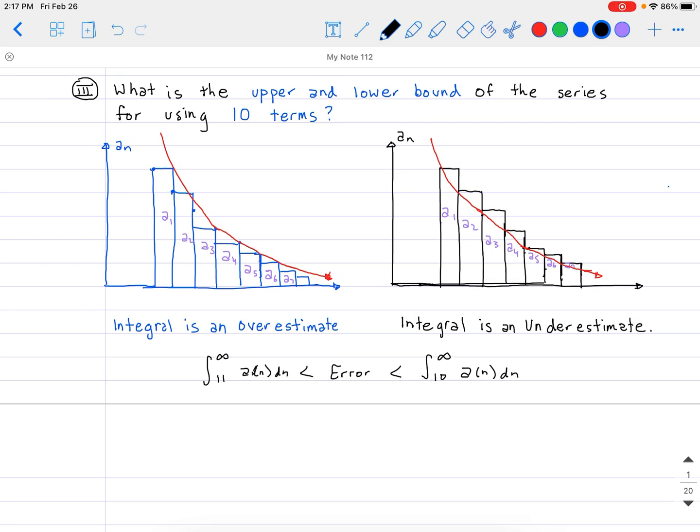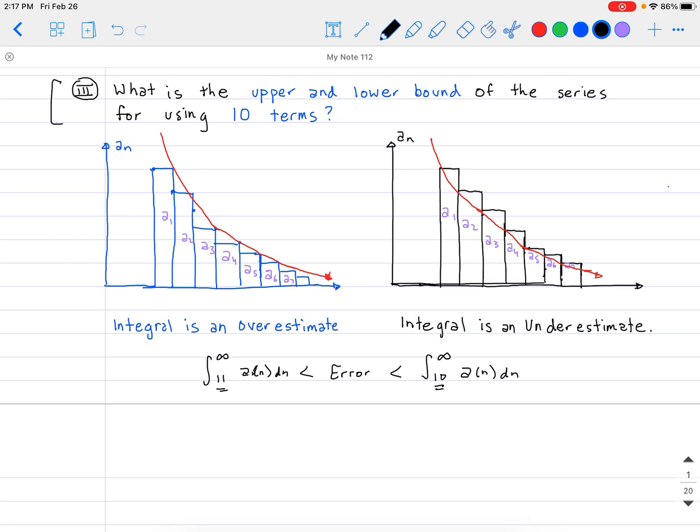Because as I said earlier, your overestimate is always one more term than the underestimate. So that's why in this case you start at 10, because we use 10 terms, and any terms after 10, that's going to be your error. And one less term than that is going to be 11, because you don't count the 10th term in this case.